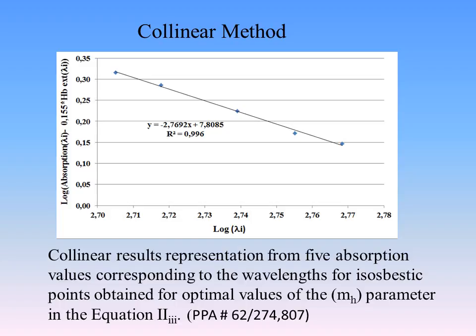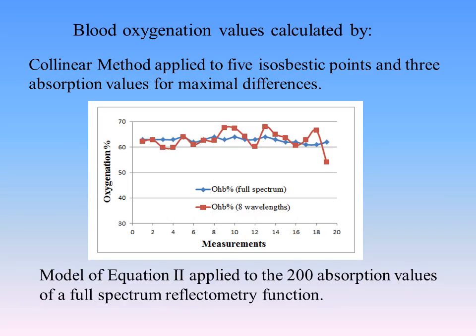In fact, by this method, we are able to separate hemoglobin from other absorption in the spectral function. If you use this method for all the data, we obtain similar data, the same average, but a little more variation.